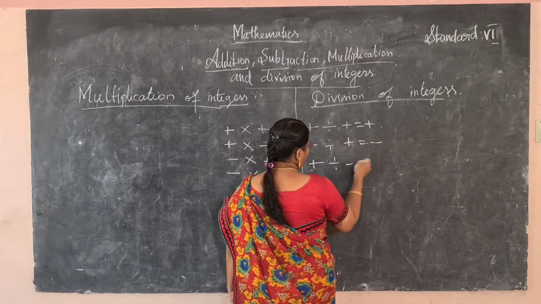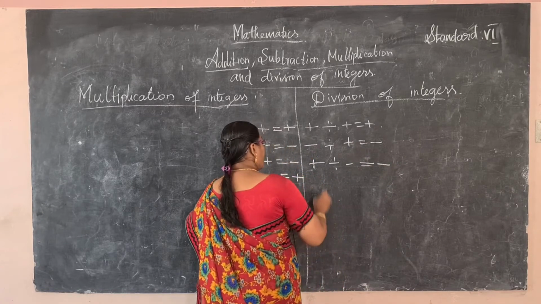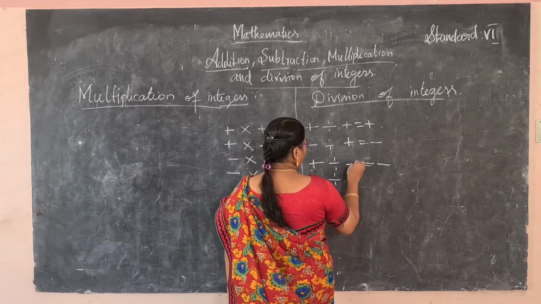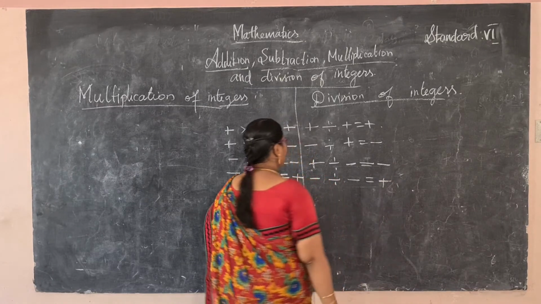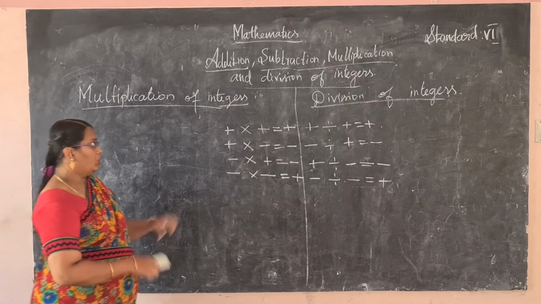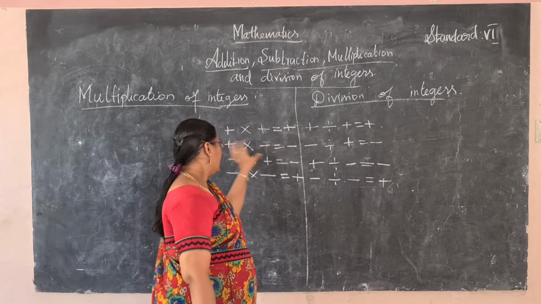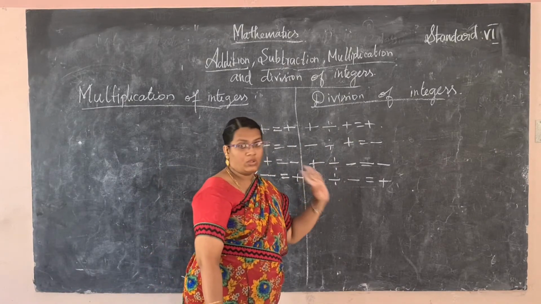Plus divided by minus is equal to minus, and two negative numbers divided, we get the positive. That is the rule. Both having the same sign, positive or negative, will become positive. Two negatives are positive.